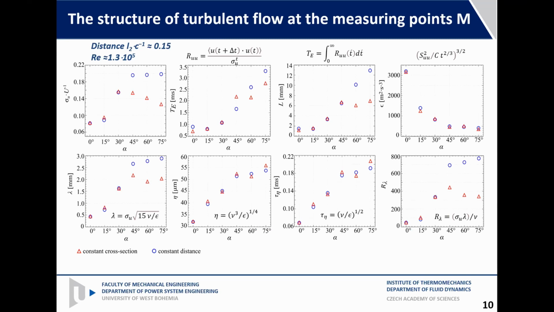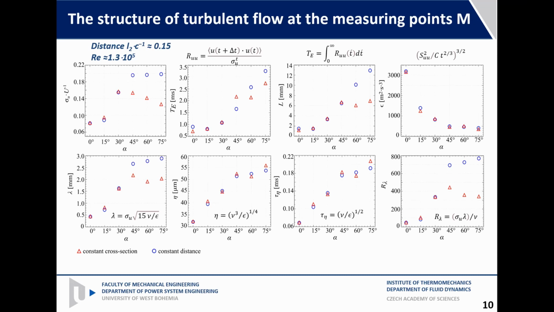We can clearly see that the distributions of standard deviation, Taylor scale and integral length scale of vortices have a sharp, big difference at 45 degrees, which corresponds to the maximum lift coefficient. The other parameters, energy dissipation and integral time scale, are almost similar.